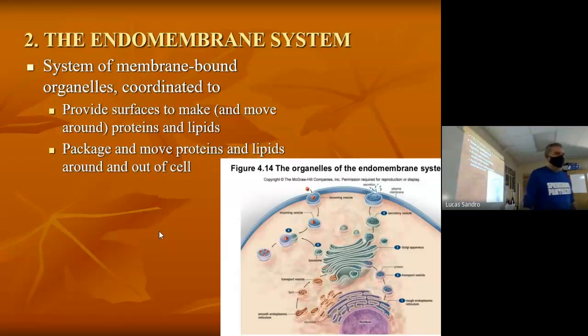So you can kind of look at that diagram and get some idea of what happens here. And notice that all these membranes are kind of continuous with the nuclear membrane. And you can see things going back and forth in between these different clusters of membrane, which should look fairly familiar from the coloring page that you're done with.